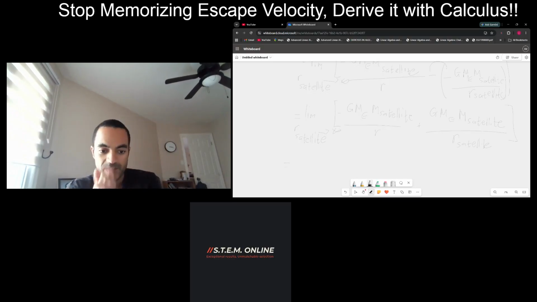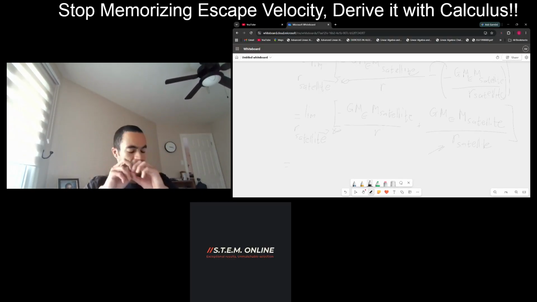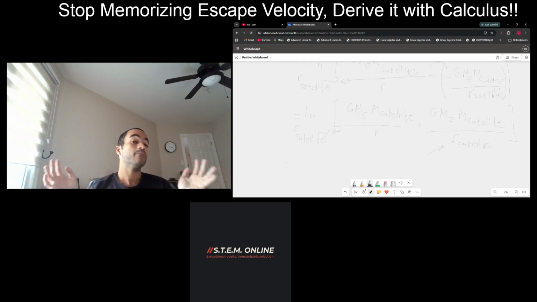So as r satellite goes to infinity, what happens? If your denominator gets very large, what happens to the whole fraction? The whole fraction is approaching a very small number. You have a very large number approaching infinity without bound, and the entire fraction has to go to zero.